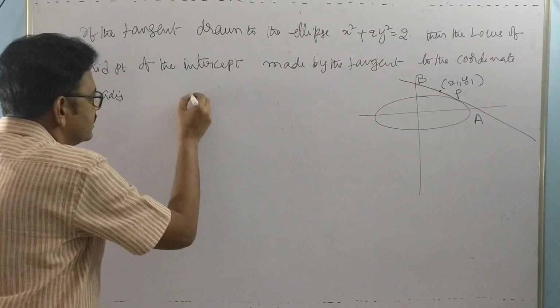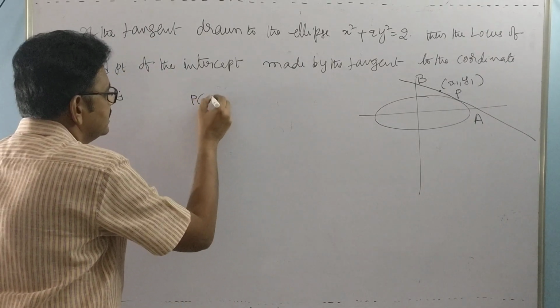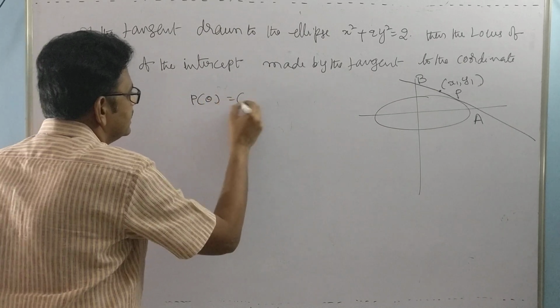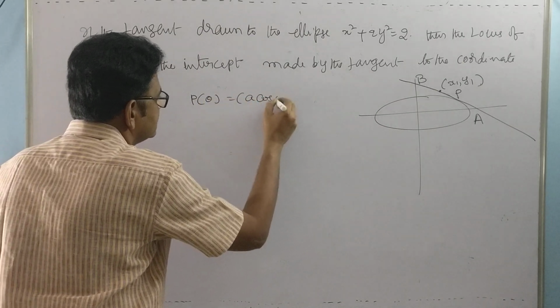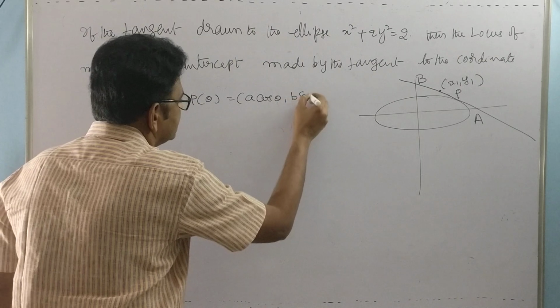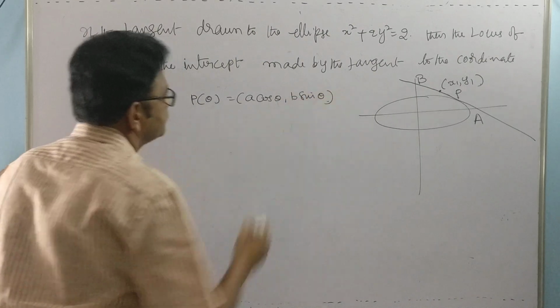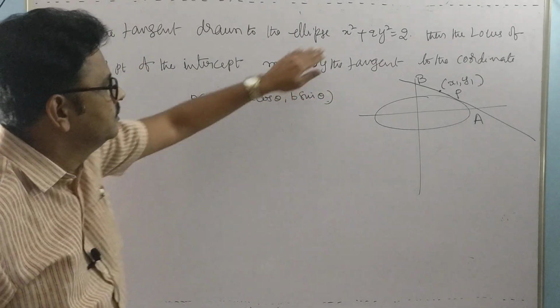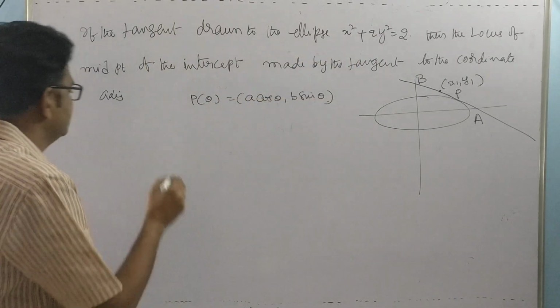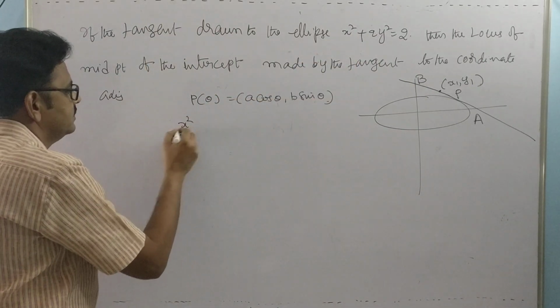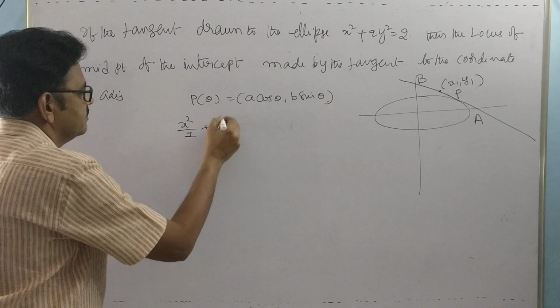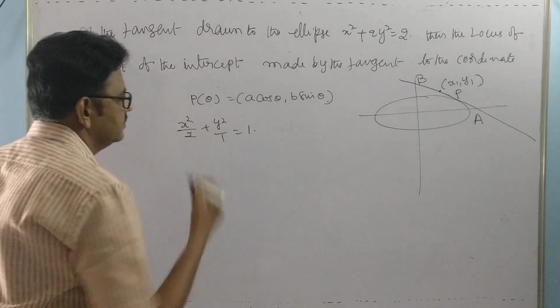Now take the parametric coordinates. Parametric coordinates in general are a cos theta, b sin theta. You can take the general ellipse. The ellipse given is x square by 2 plus y square by 1 equal to 1.